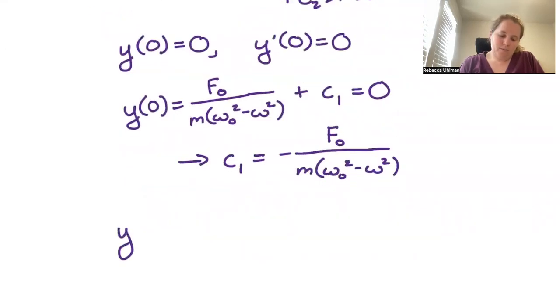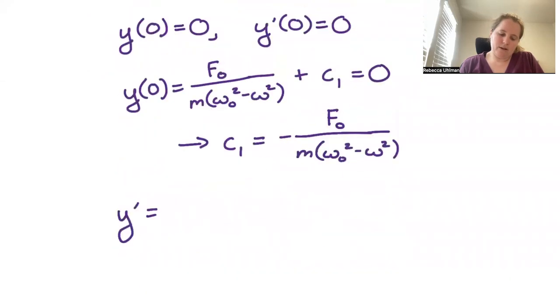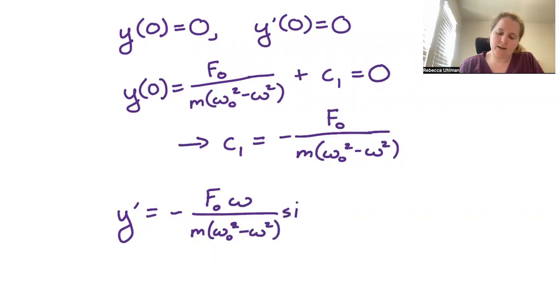Y prime should be equal to, we would have a negative f naught times omega over m times omega naught squared minus omega squared times a sine of omega t. Then we would have a minus c1 times omega naught times sine of omega naught t.